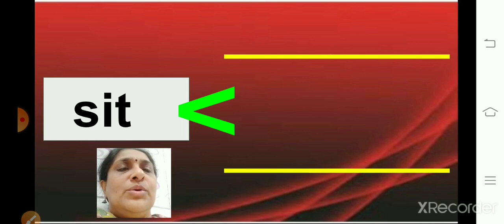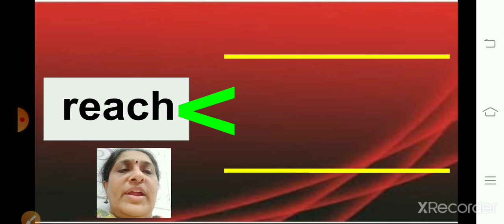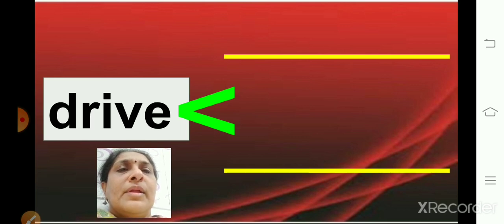You have to write two adverbs for this. Next, sleep, reach, drive. Four words I have given and you have to write two suitable adverbs for each verb.